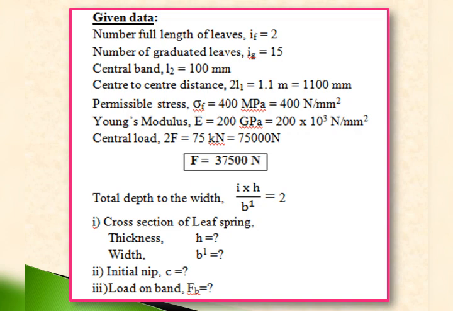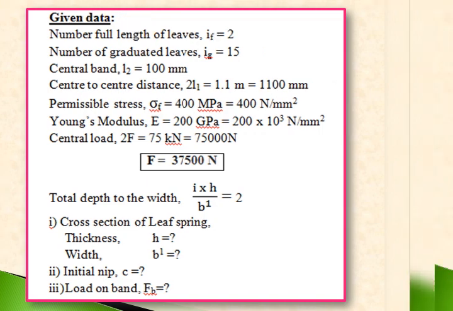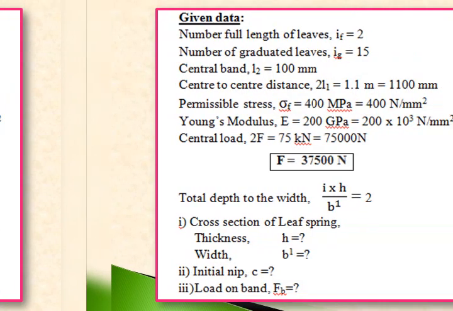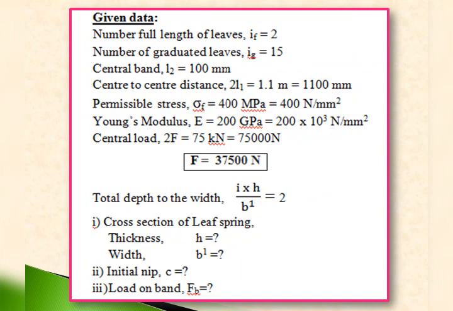The center to center distance between spring eyes is 1.1 meter. It is the distance between the eye ends of the leaf spring, that is l1, equal to 1.1 meter or 1100 mm. All leaves are pre-stressed to 400 megapascal. Irrespective of whether graduated or full leaf, it is pre-stressed with a certain value, given as 400 megapascal, that we need to consider.